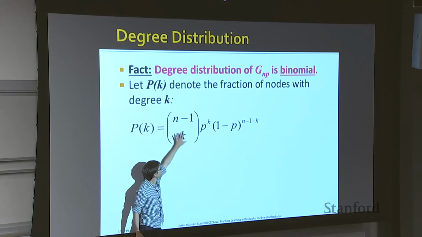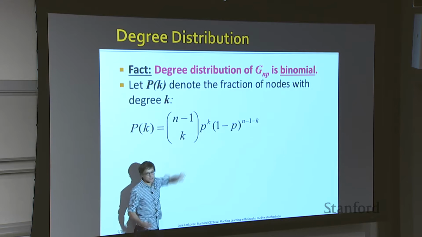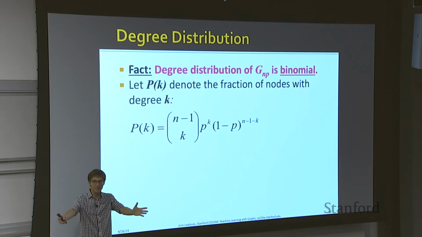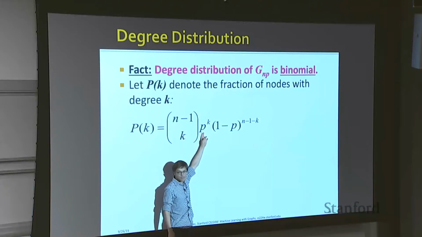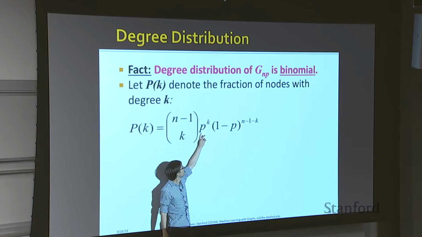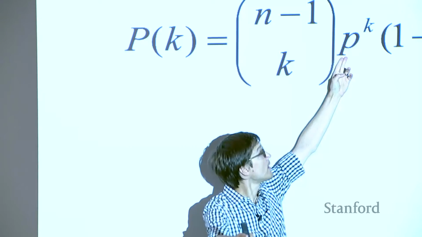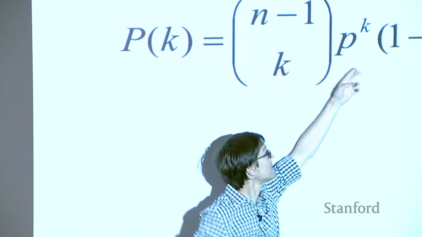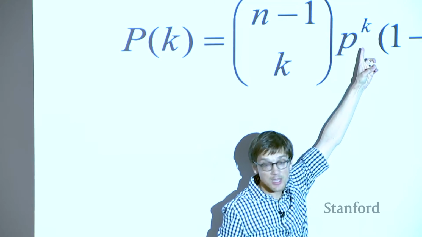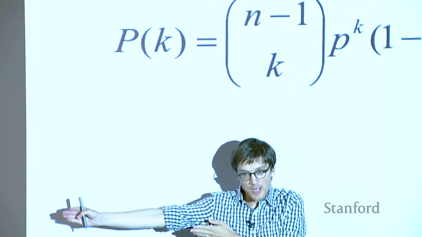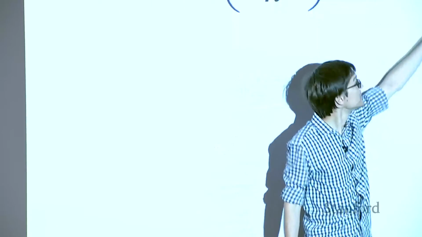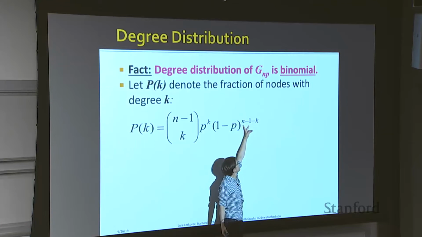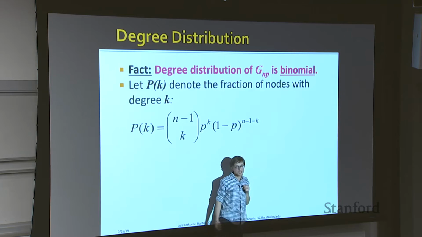So there are n minus 1 choose k ways I can select k nodes out of n minus 1. Then for these k nodes, I have to create a connection to each one of them. The probability of connecting to one of them is p, but because there are k of them it is p to the k. And to all the other nodes, I must not create a connection. The probability of not creating a connection is 1 minus p, and how many such nodes are there? There are n minus 1 minus k. Okay?